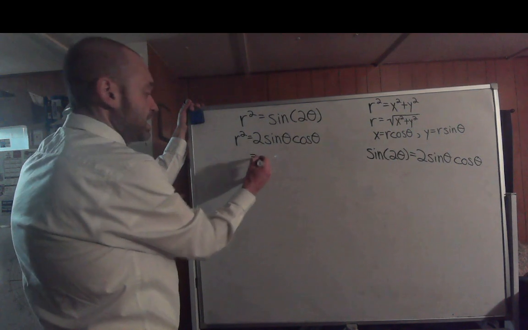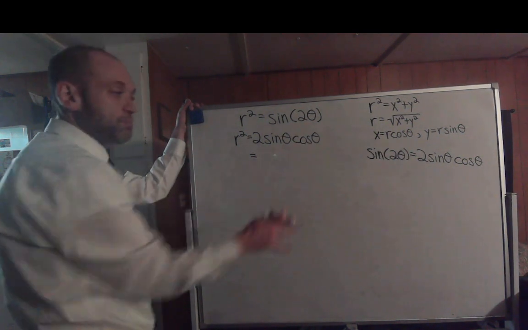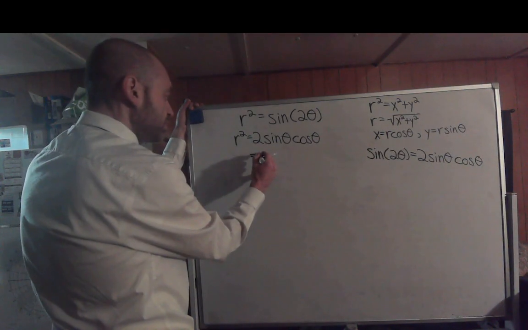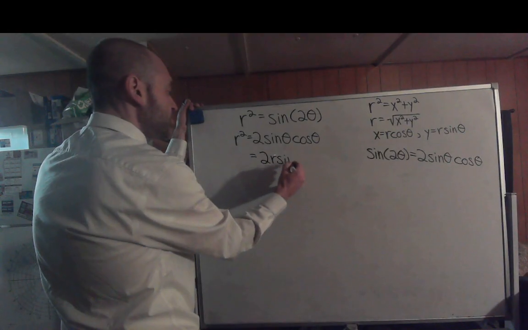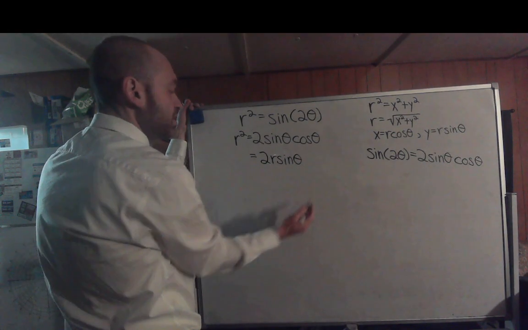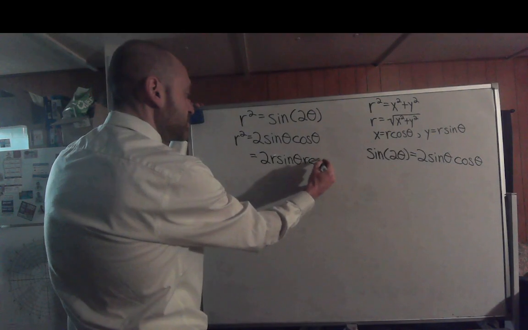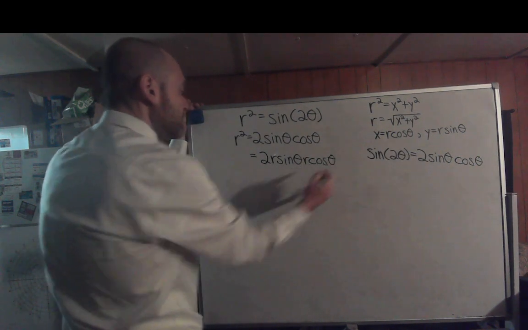So let's do that. We're going to multiply both sides by r squared, but we'll place an r between the 2 and the sine. You'll have 2r sine of theta times r cosine of theta.